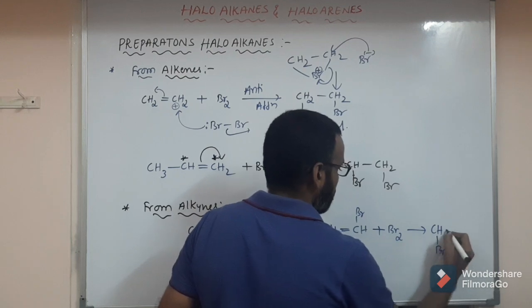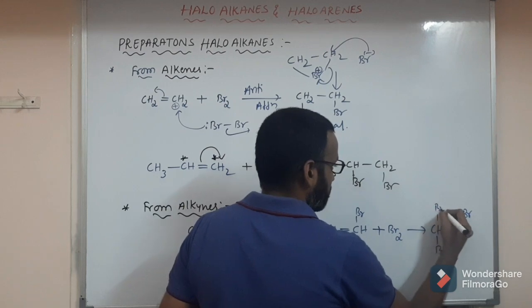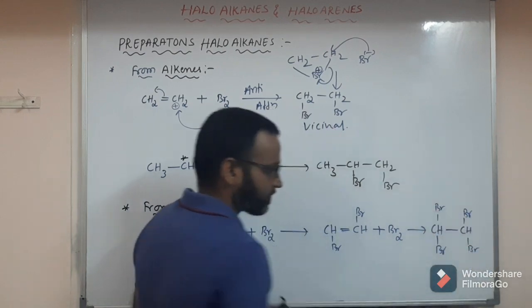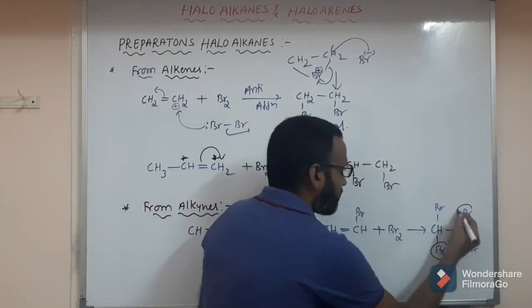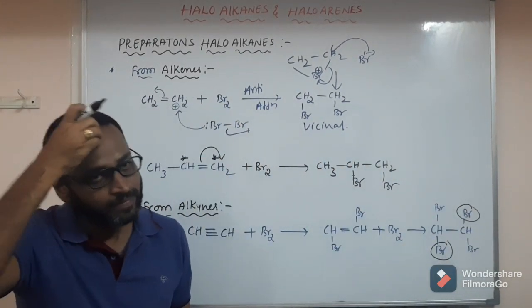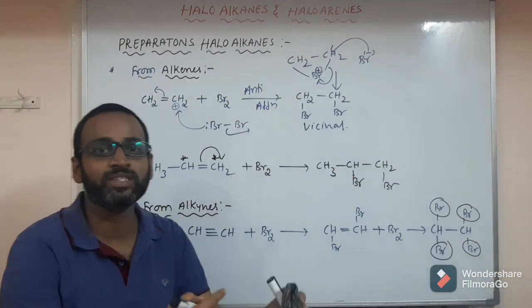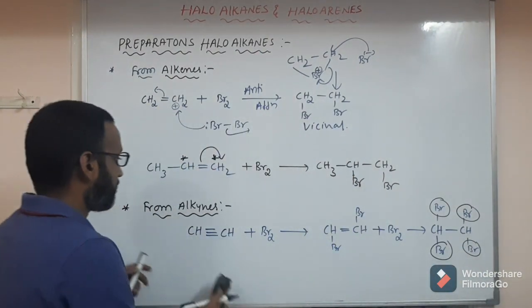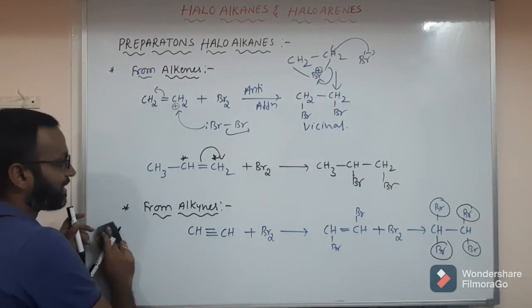So one bromine here and single bond now CHBr. So this is anti-addition, that's why I am writing like this. Got it clearly? This bromine and this bromine previously added, and this bromine and this bromine now second time added, the opposite way. So these are important preparations from alkenes and alkynes.